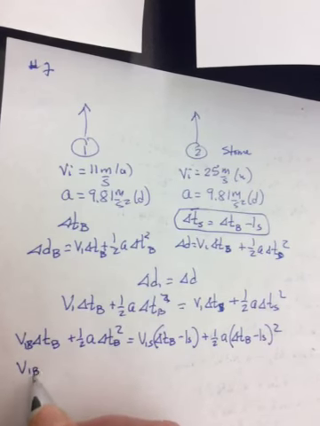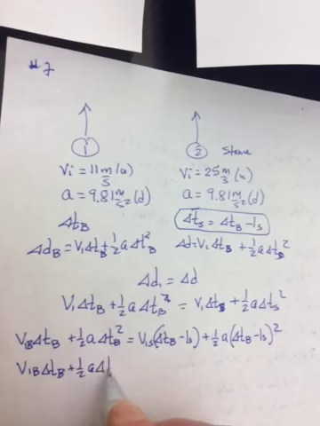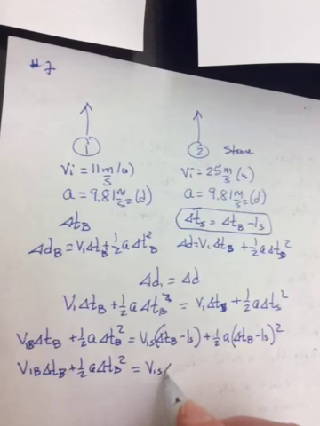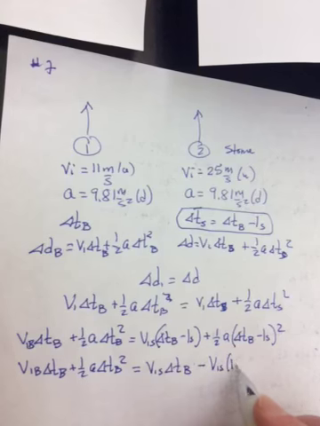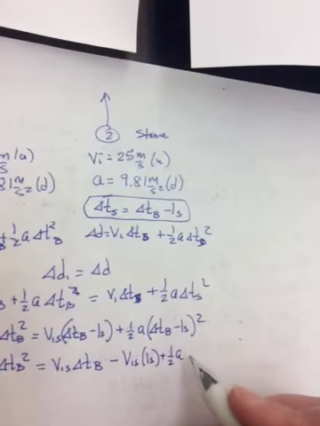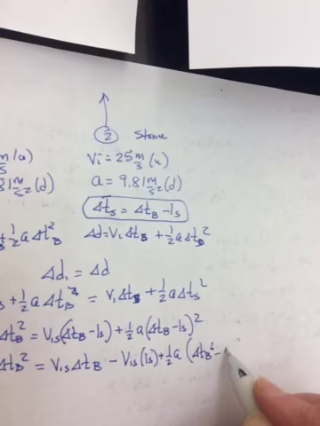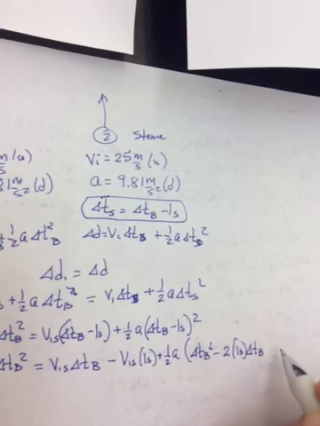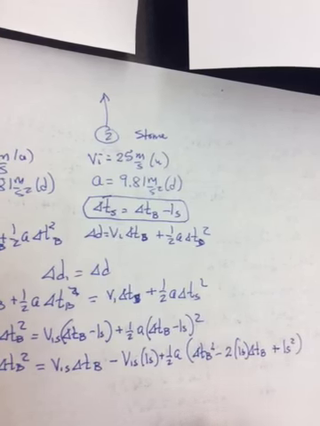So all this side stays the same. This side becomes vi of the stone delta t of the ball minus vi of the stone times 1 second plus 1/2 a, and then we have to FOIL this: delta t of the ball squared minus 2 times 1 second delta t of the ball plus 1 second squared.